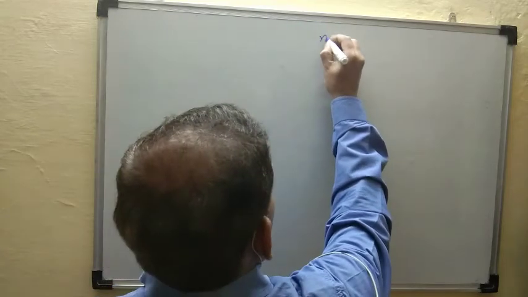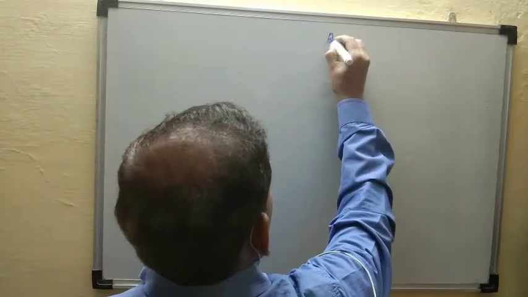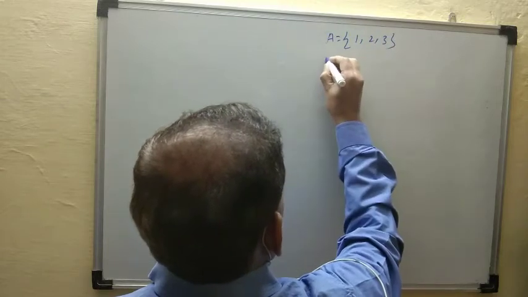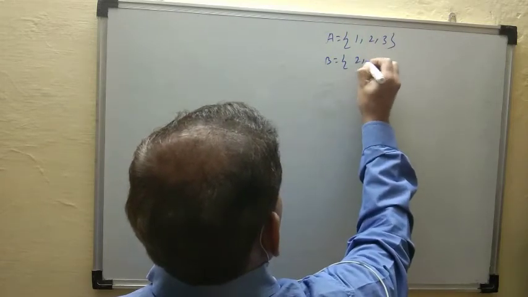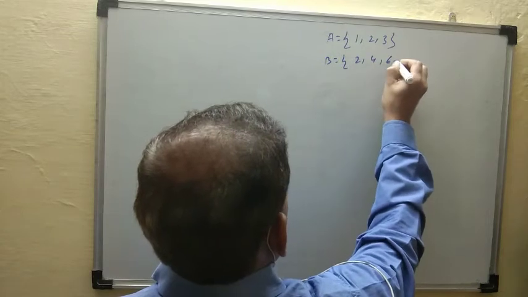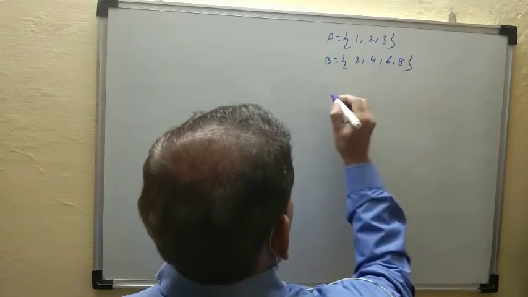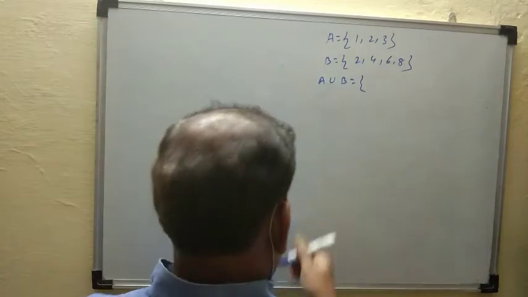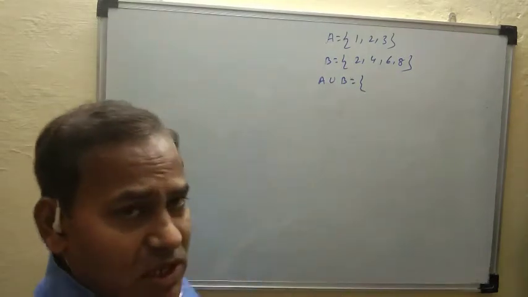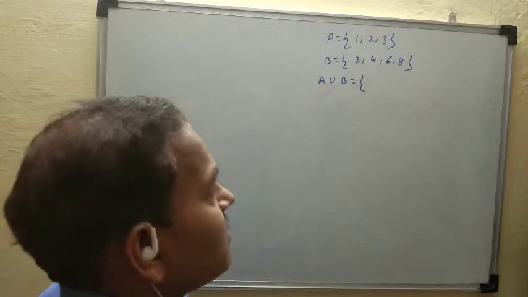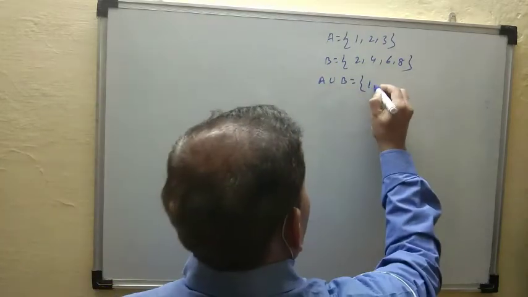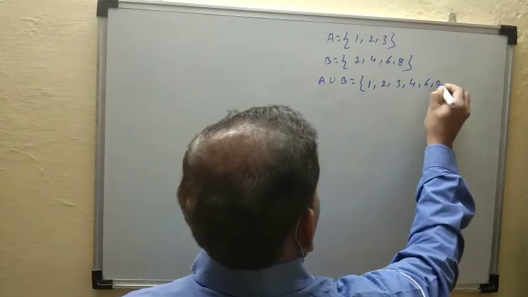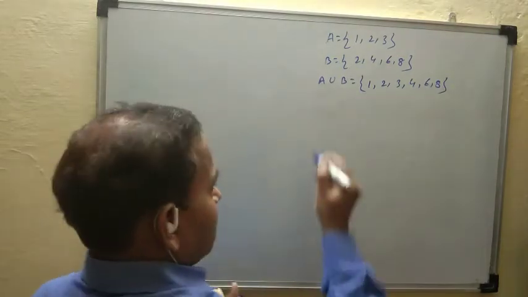Suppose set A is equal to {1, 2, 3} and set B is equal to {2, 4, 6, 8}. So what is A union B? Union means combined A and B, combine A and B. So {1, 2, 3, 4, 6 and 8}.